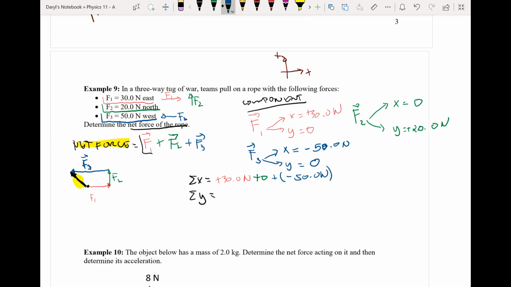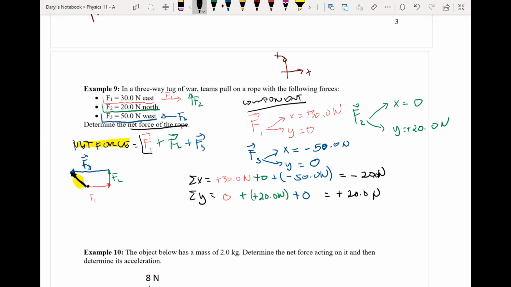Okay, so the sum along the x is negative 20 newtons, and summation along y would be, for the first one it's 0, plus positive 20.0 newtons, and then plus 0. So if you're gonna take the sum, that just gives you positive 20.0 newtons.